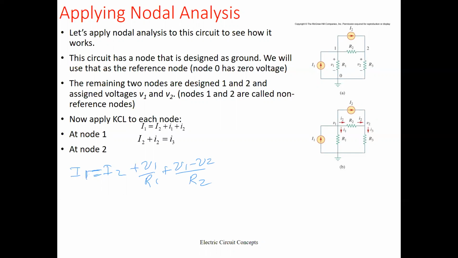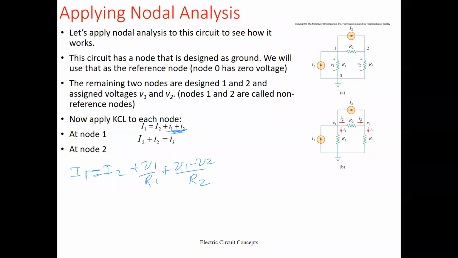Okay, this is the first. Now we have the equation in terms of V1 and V2, which are the nodal voltages, instead of currents. So when we do nodal analysis, we have to convert currents into voltages using Ohm's law.